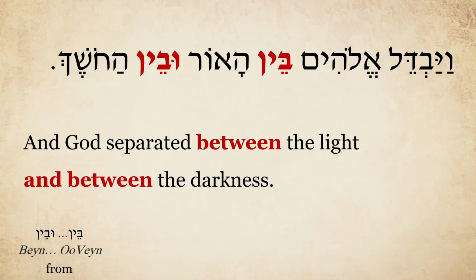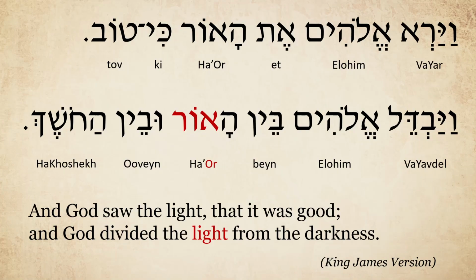And in terms of the translation, it likely should be, and God separated between the light and between the darkness. The two other words are or and choshech, the words for light and darkness, respectively. Again, we covered those before.